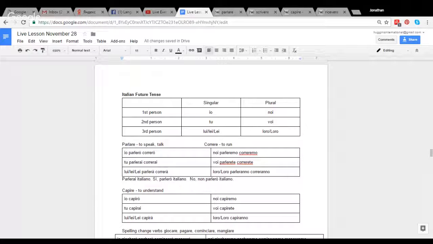Instead of using the a ending, you're going to change that to an e ending. You can see on here, parlare, you have this A-R-E. Well, that changes to e, and that's going to be throughout all of these conjugations. You're going to have that e there.